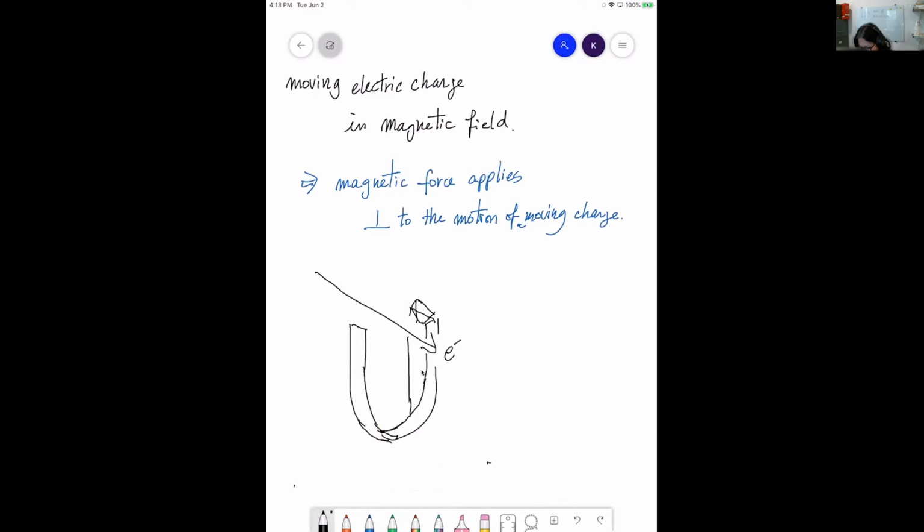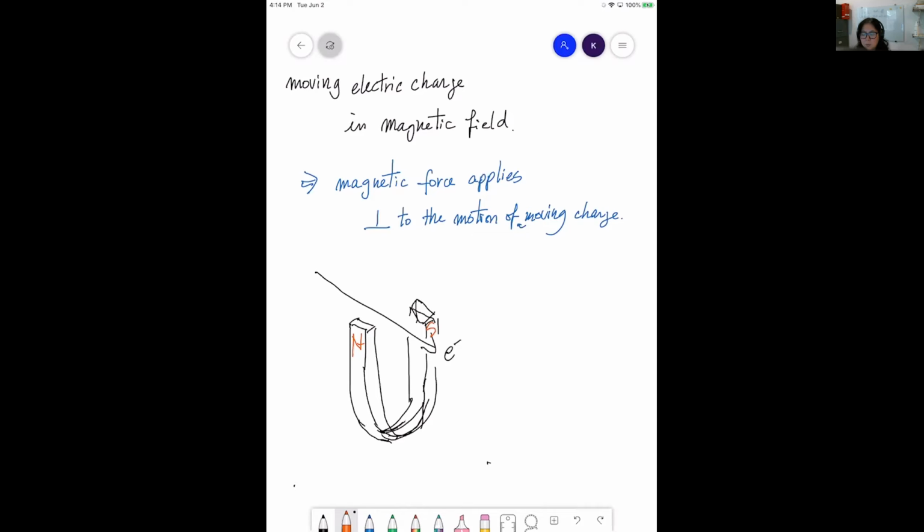Let's put this to be north and south. So I changed the direction of the magnetic field from the textbook picture, but it's the electric charge that's moving.